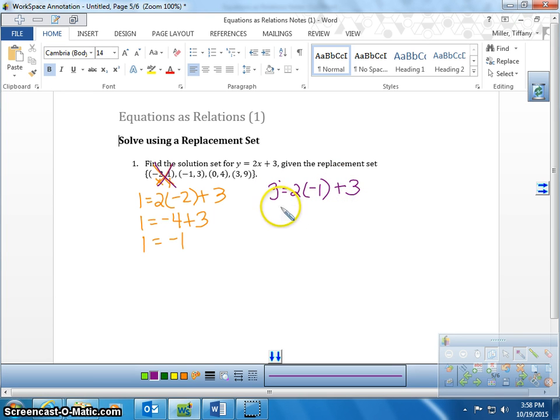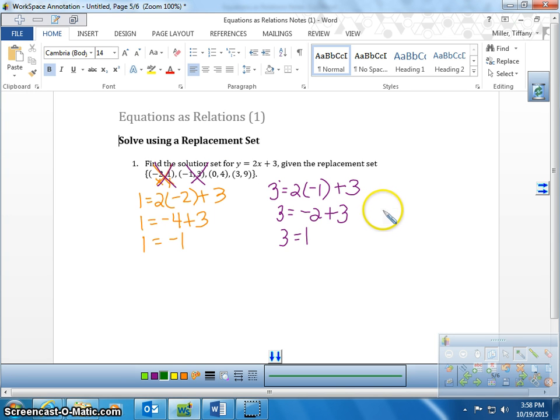And you're going to solve that. 3 is equal to 2 times -1, which is -2, plus 3. -2 plus 3 is 1. Does 3 equal 1? It does not. Therefore, (-1, 3) would not be a solution to y equals 2x plus 3.